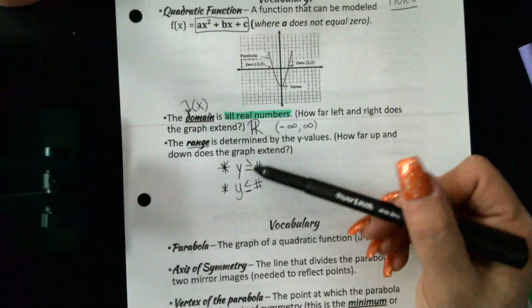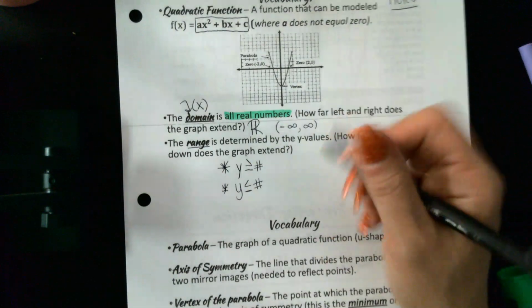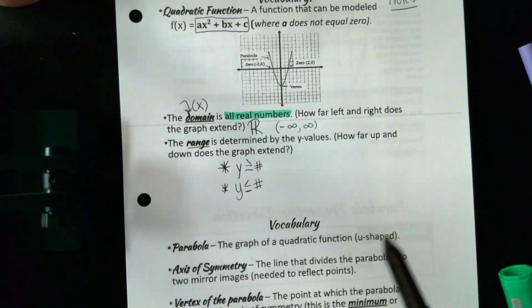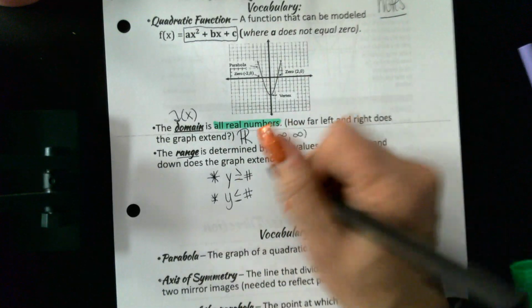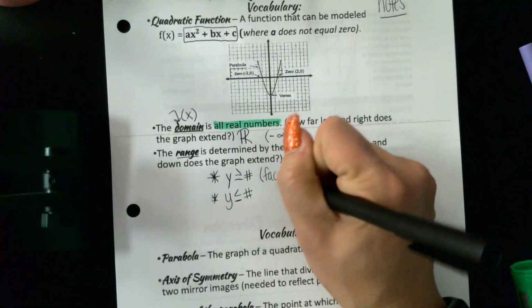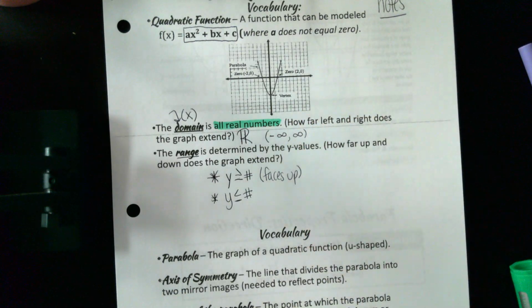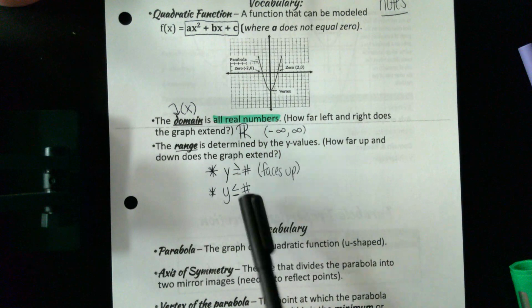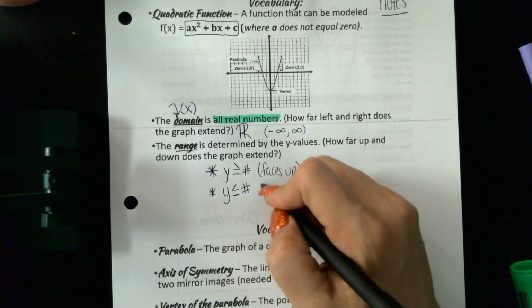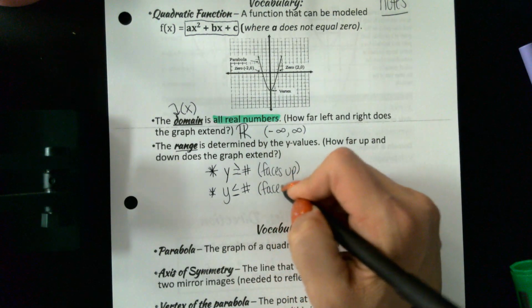But the way to figure out whether it's greater than or less than: if the U-shaped graph is facing up, like this one up here, you're going to be using the greater than symbol. Okay, so this is for the one that faces upward. And if it's less than, your U-shaped graph will face down.